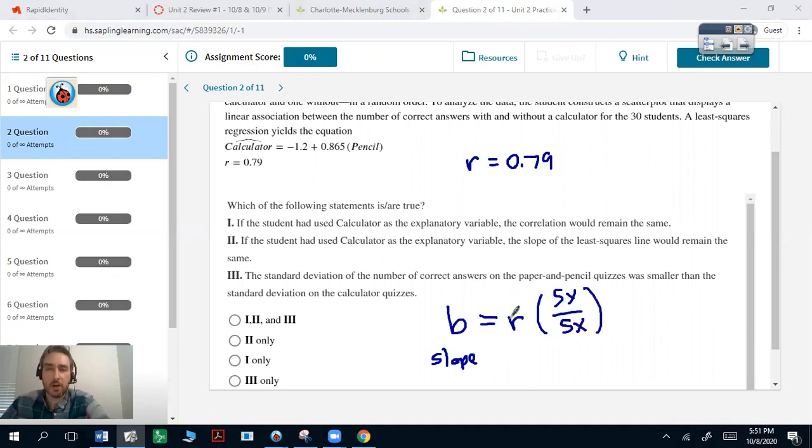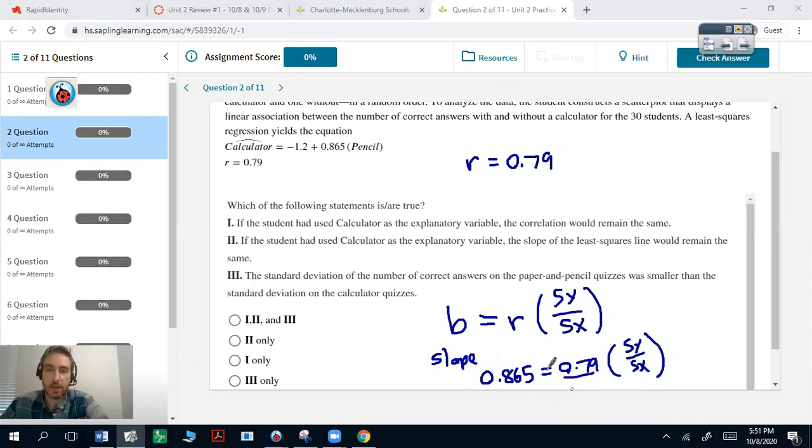Now, if we know r is 0.79 and we know the slope is 0.865, I can plug in those 2 numbers. So 0.865 equals 0.79 times the standard deviation of y over the standard deviation of x. Now let's divide these 2 numbers.